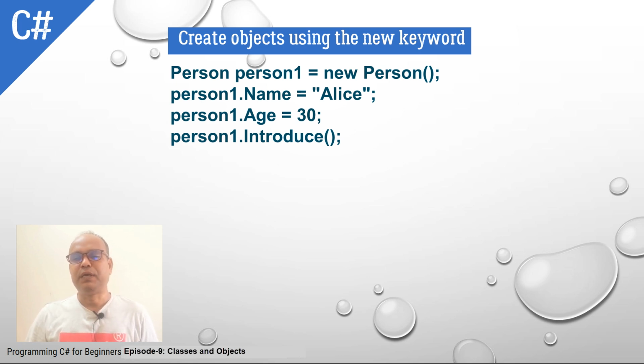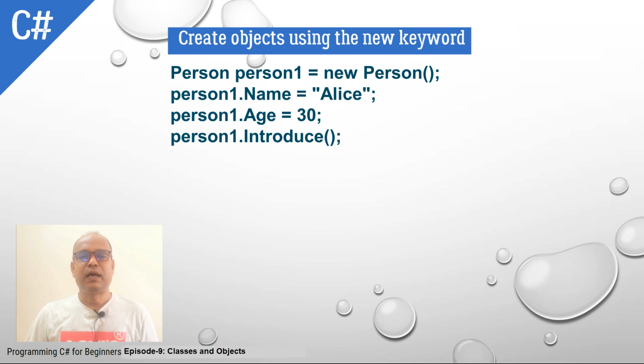Person1's member name is called here to assign a value Alice. Person1's member age is called here to assign a value 30. Output of this line will be, hello, my name is Alice and I am 30 years old.